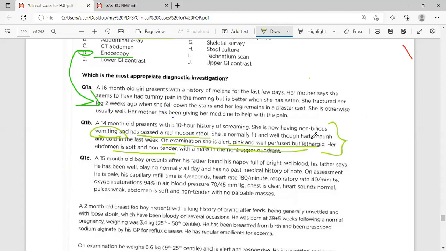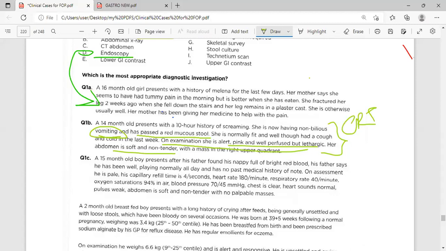If this was a case of shock, what is one thing they would mention? CRT. Yes, CRT, perfusion. If they say the CRT is more than 3 seconds, you would consider this a case of shock. Otherwise, just by saying that the child is sick and lethargic, that does not prove shock.